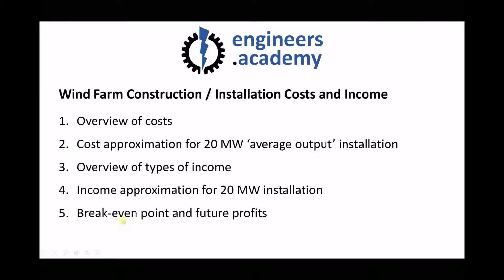But what we found was that the break-even point for our installation was somewhere in the order of 10 years. We had an installation cost of 100 million and an income of 10 million per year. In terms of future profits, our installation is still likely to produce 10.5 million per year as a minimum, after the 10-year period of covering our initial costs.